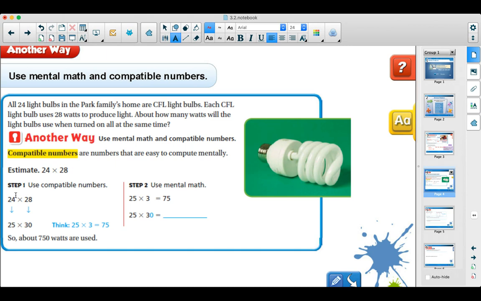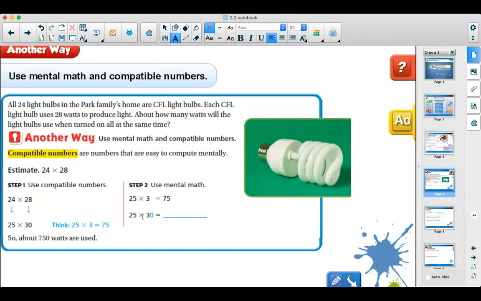A compatible number for 24 can be 25. It's close to 24, and it's easy to compute mentally. Count them by 25s. So 25 times 30, we will round 28 to 30. And now let's use mental math to compute the answer. 25 times 3, if we count by 25s, 25, 50, 75.